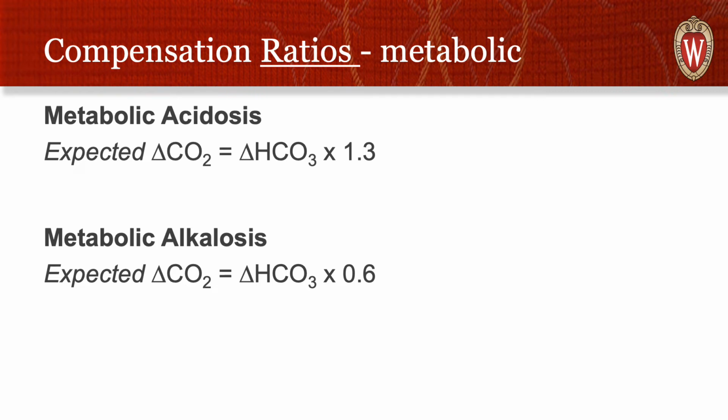So if your bicarb is 30, it's up 6 from a normal value of 24. 6 times 0.6 is 3.6, and your expected change in CO2 is about 3.5. In this case, if you have a metabolic alkalosis, you would be expected to let the CO2 rise a bit. And if you let it rise about 3.5, your expected CO2 is 43.5.